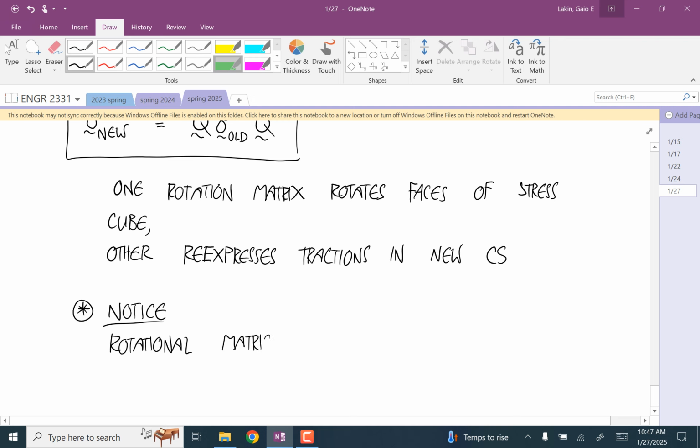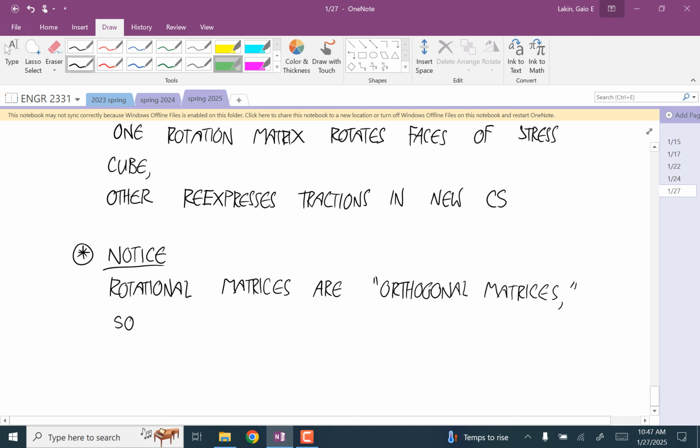So rotation matrices are orthogonal matrices, and that means the inverse of a rotation matrix is its transpose.